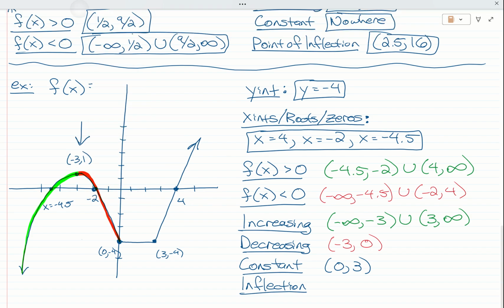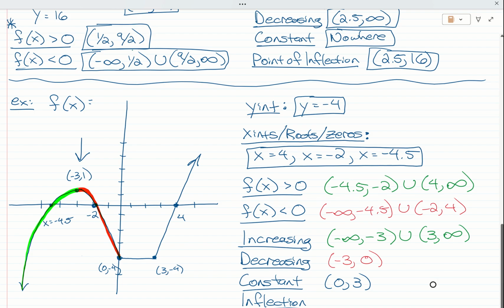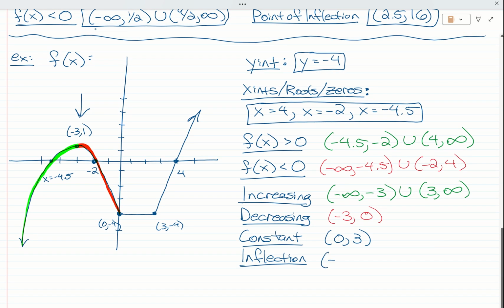Therefore, the inflection point, the point where it changes from increasing to decreasing or decreasing to increasing, would be the point -3, 1.